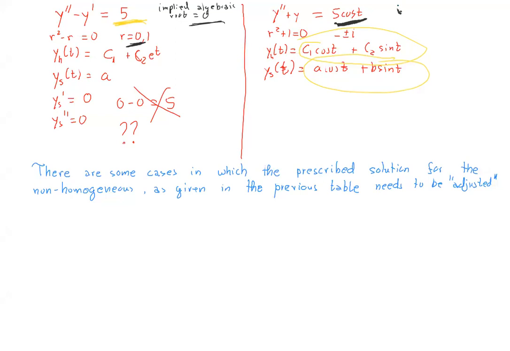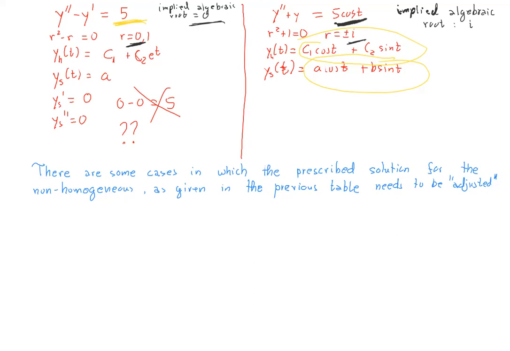So the implied algebraic root is i. Yes, but i happens to be also a root of the auxiliary equation.